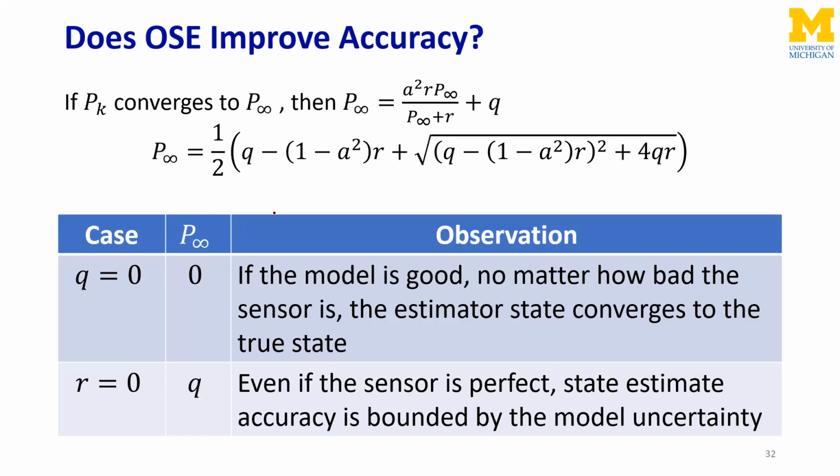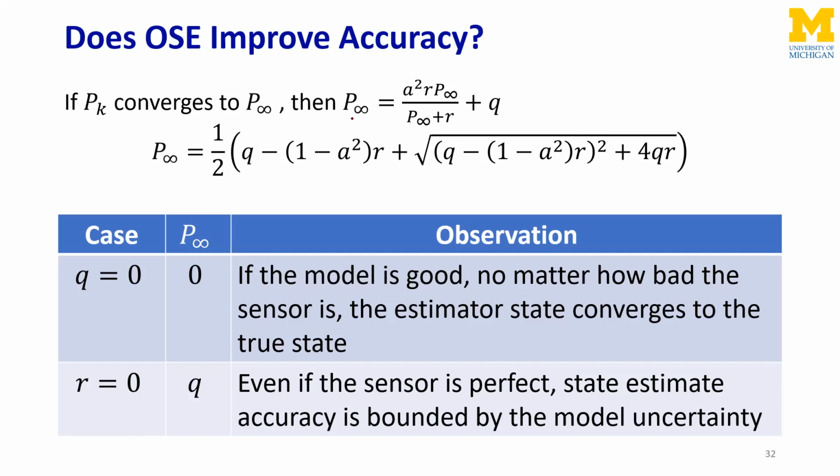Let's look at the asymptotic behavior of this estimator to find that out. Let's assume that PK converges to P infinity. I haven't shown you that PK converges to anything, but it is true in the estimator's case. So let's just assume that PK converges, and whatever it converges to, we call P infinity.